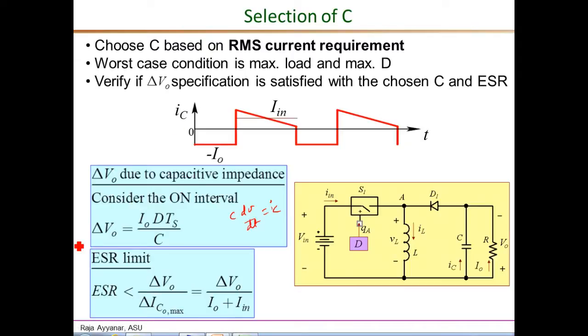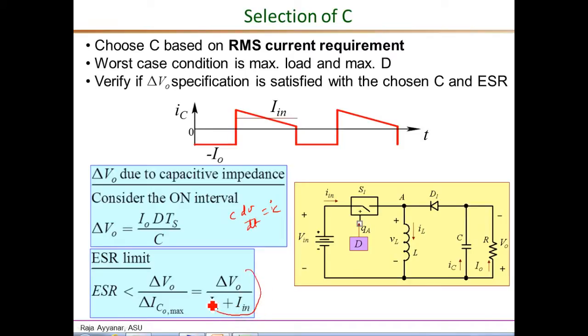So that brings us to the ESR limit. Similar to the other converters, the buck and the boost converters, ESR is once again given by the maximum delta VO allowed divided by the maximum peak-to-peak variation in the capacitor current. For a buck-boost, this peak-to-peak variation in the capacitor current is simply the inductor current, neglecting the ripple component of the inductor. Then delta IC is again IO plus IN, the average value of the inductor current.